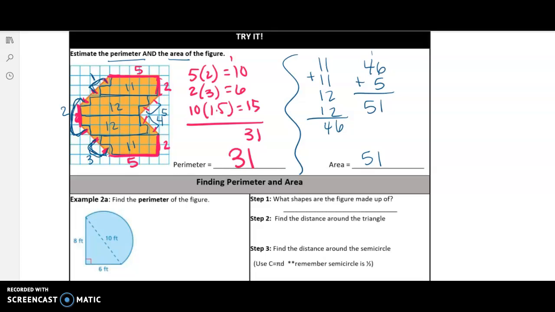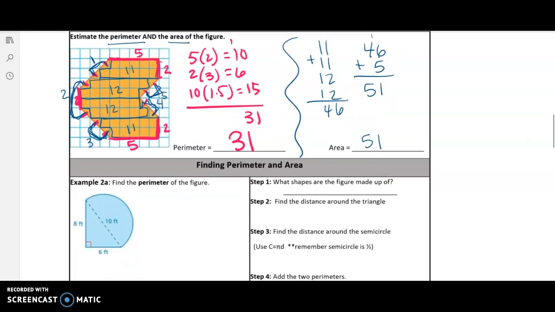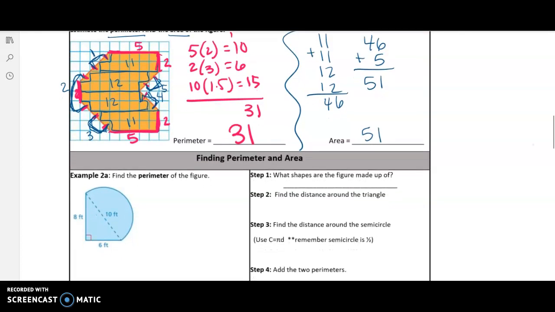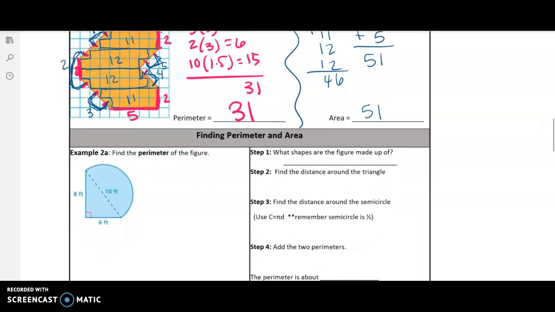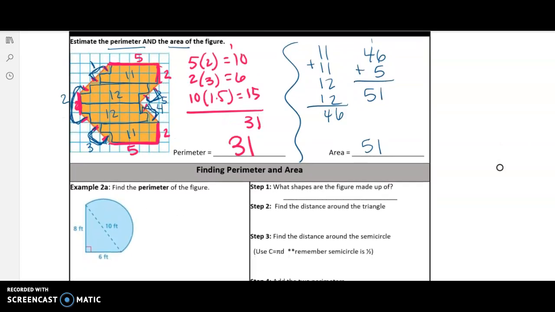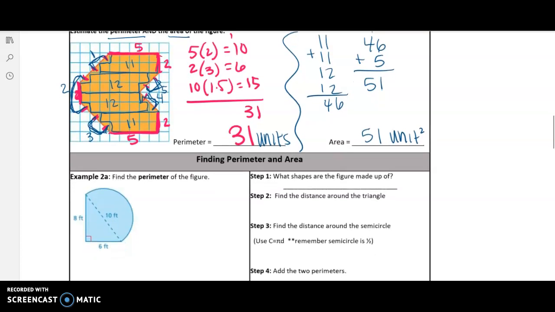This made my third full square, my fourth full square, and my fifth full square. And so when I added my 5 full squares together, I got 51. Since we don't know the units, we're going to put units and then units squared, because for area, we always square the units.